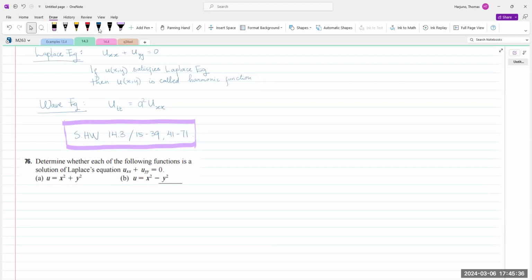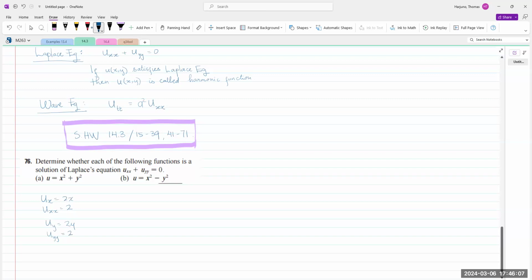Number 76. Determine whether each of the following functions is a solution of the Laplace equation. In other words, are these functions u harmonic functions? Notice that what you need to do is show that it satisfies the Laplace equation. So u sub x is 2x, u sub xx is 2, u sub y is 2y, u sub yy is 2.